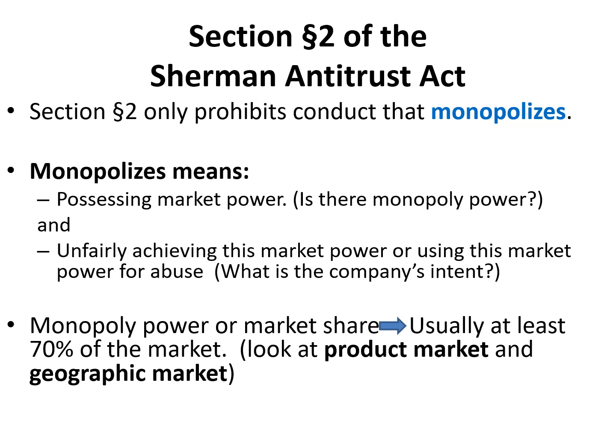A Section 2 Sherman Act violation requires only two things. First, that the business or company at issue has market power and that they then use that market power to unfairly manipulate the market.